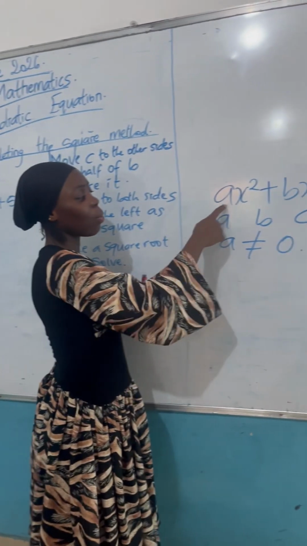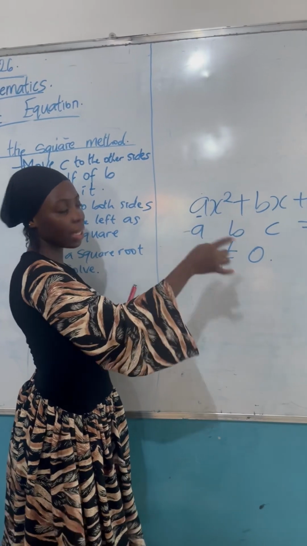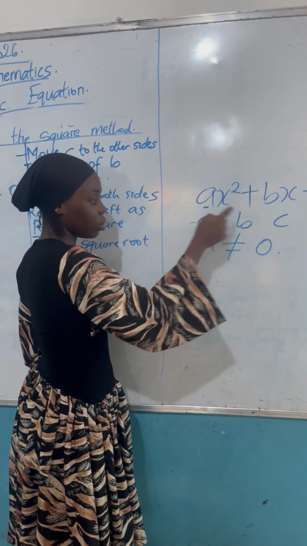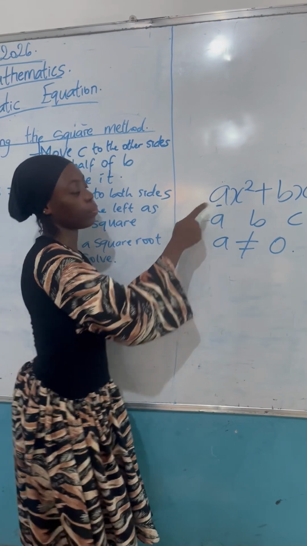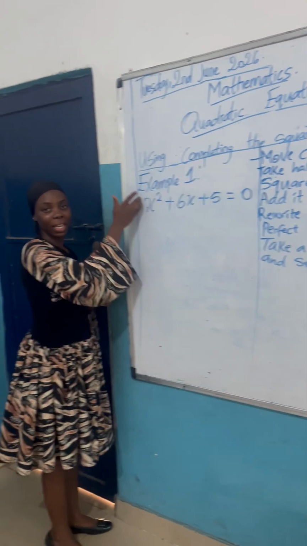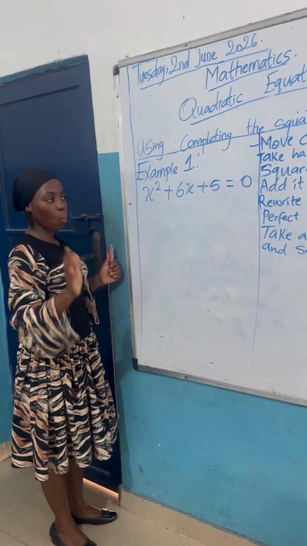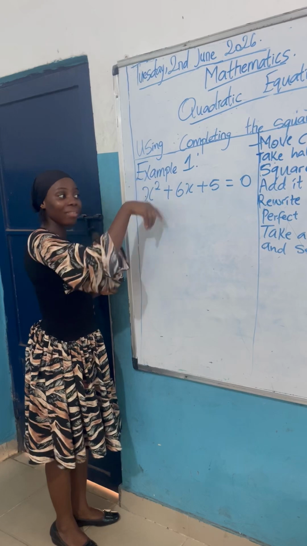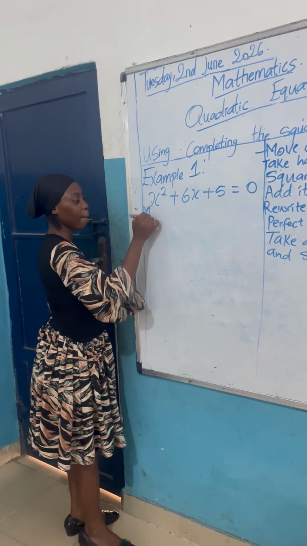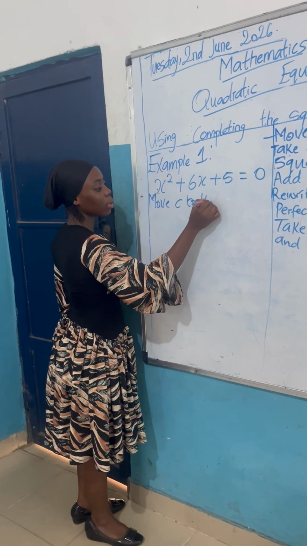When we have more than 1 here, that means we have to divide all the sides of the equation by that figure, the coefficient of x squared. But in this case, we have just a visible 1 here, so we don't need to divide anything, because if we divide by 1, we still have the same equation. Now, the first step is move c to the other side.